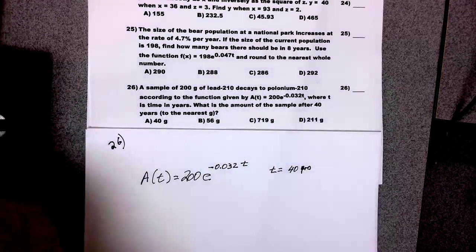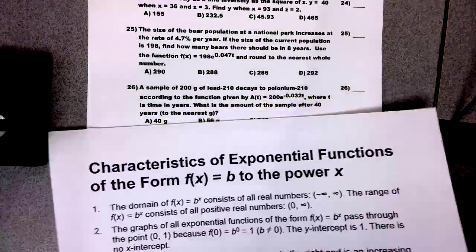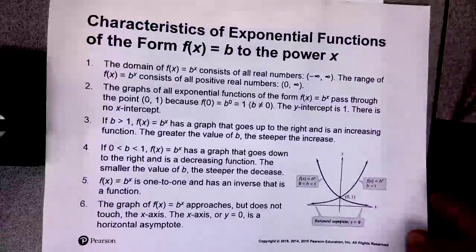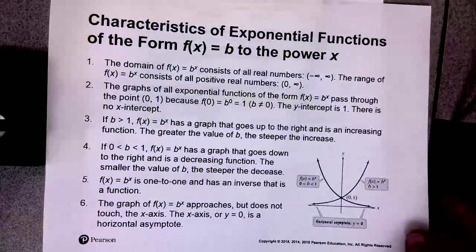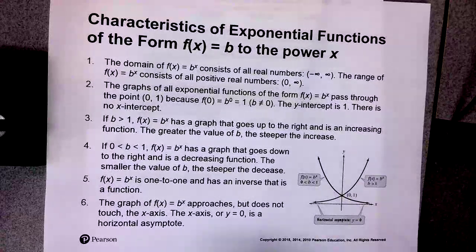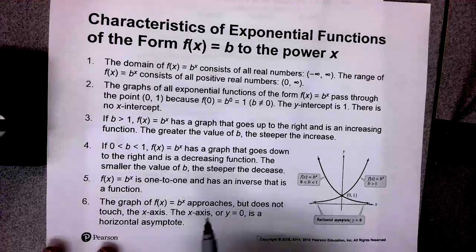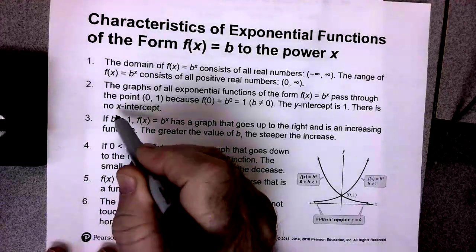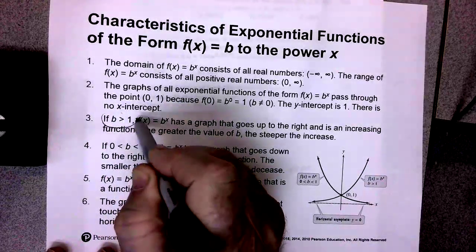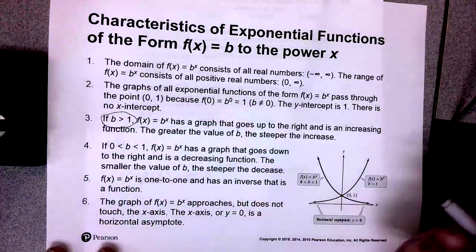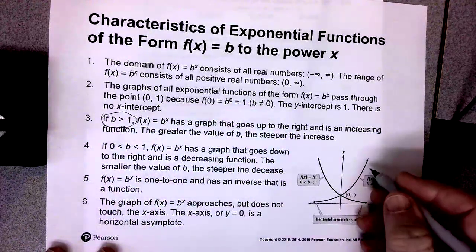I just want to remind you of the characteristics of these exponential functions, and this is one of the PowerPoint slides in the MyLab material. I want to point out that if the base is greater than 1, then we have an increasing function.